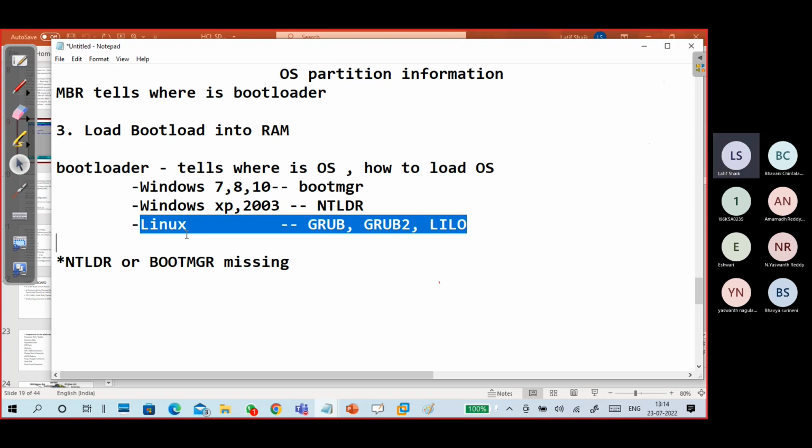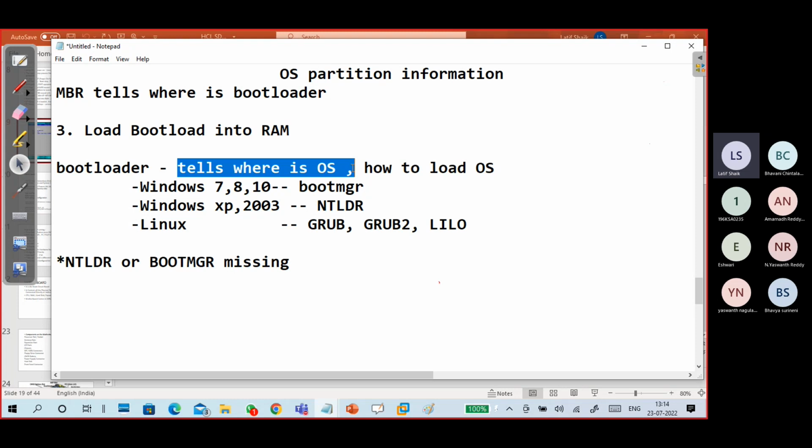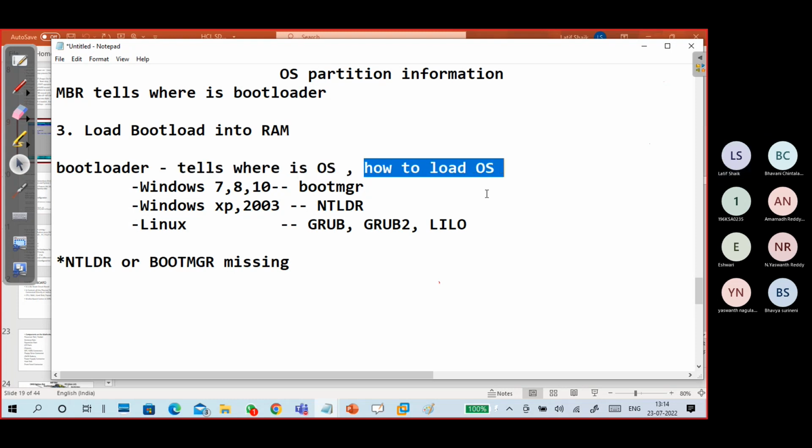That is another kind of booting. In Windows, we have normal Windows and safe mode Windows. For example, you want to boot with safe mode. You want to load the safe mode of the operating system, not the regular operating system. That is a different way of loading. So the bootloader tells where the operating system is and how to load it.